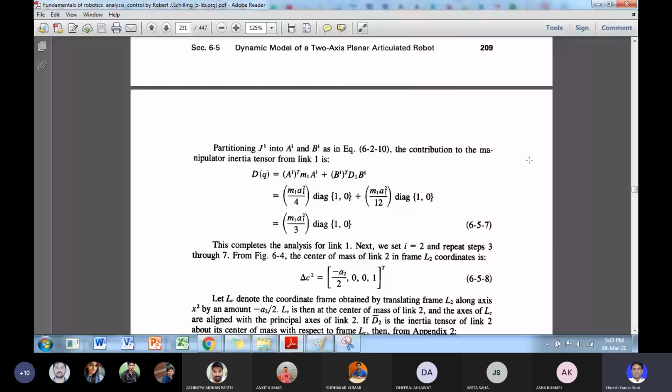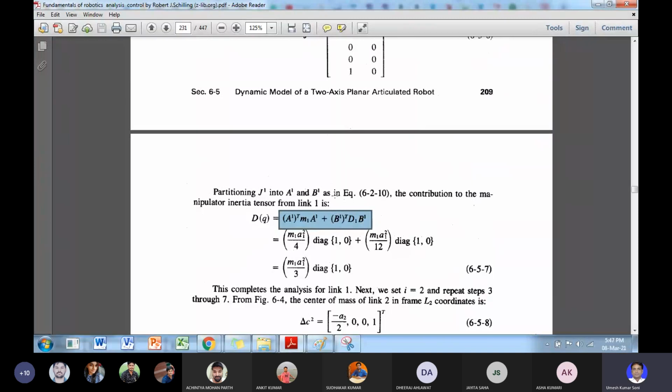Total inertia tensor using the Jacobian matrix you will determine using this; this is due to the mass, linear inertia due to the mass, and inertia due to the angular velocity.